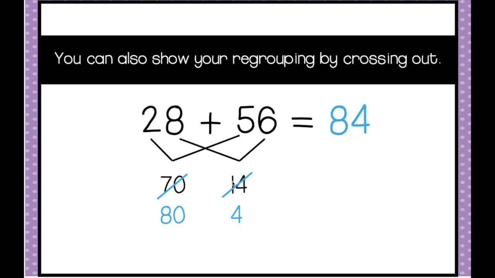So we're going to take that 10 out and we're going to add it to the tens. So you can see that we've done that. 14 minus 10 equals 4. And 70 plus 10, because that's where the 10 went, is 80. And then we simply add 80 plus 4, which is 84.